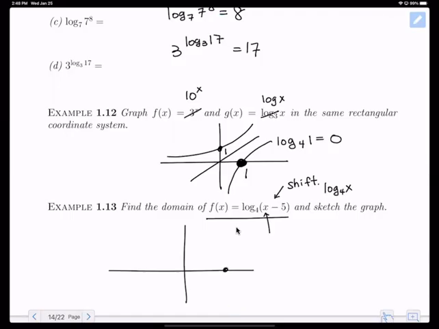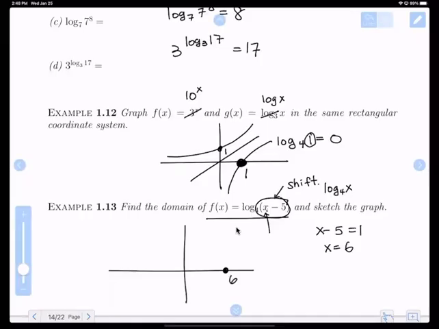I want to make the inside equal to 1, so x minus 5 has to equal 1, x equals 6. So this is 6. The point we want to find is log base 4 of 1 equals 0.